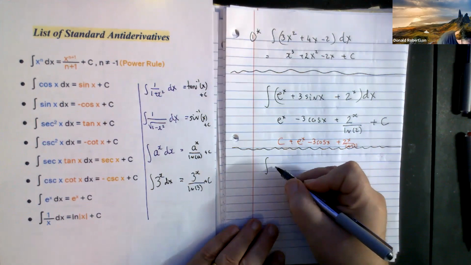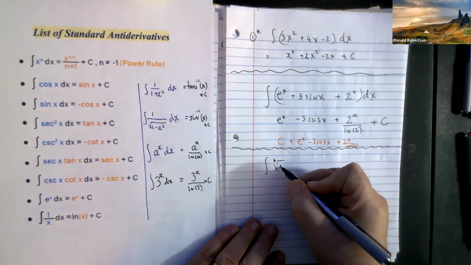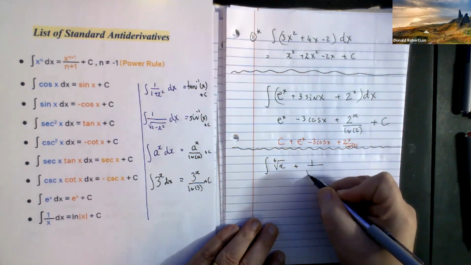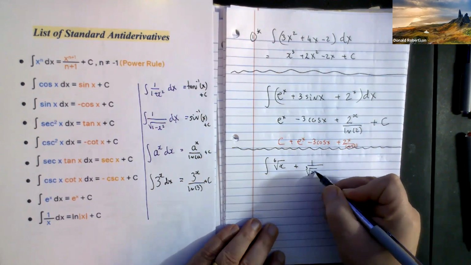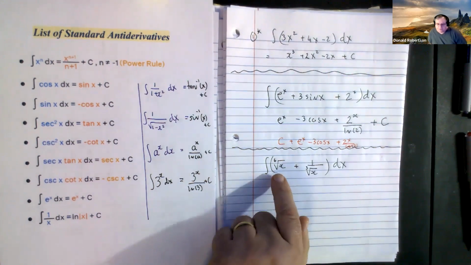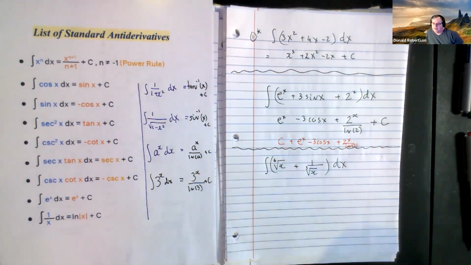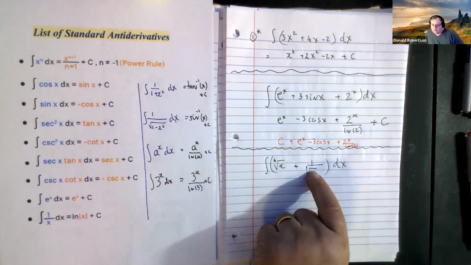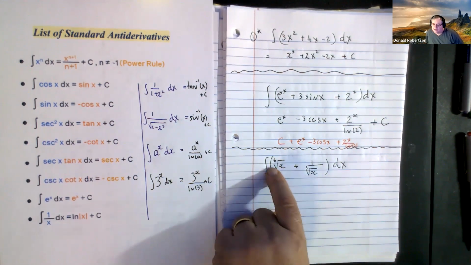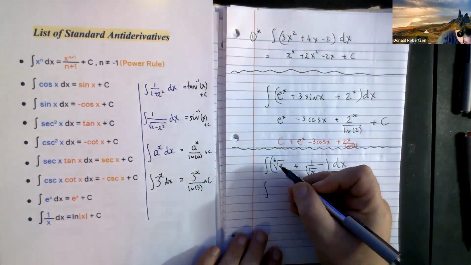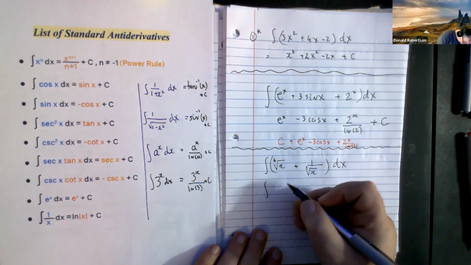Now, this fella doesn't require multiplications to do, but it does require some algebra. I want to find the integral of this. I can't find integrals of things that look like this. I need to turn them into fractional powers of x. So this guy is a 6th root. That little 6 means 6th root.